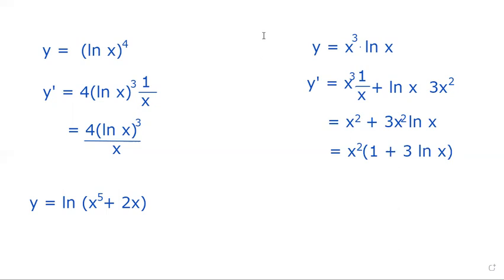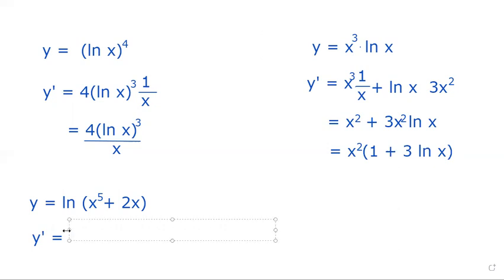Now, down here, you have to look at your rules to make sure and do this very efficiently. We know that the derivative of the natural log of x was 1 over x. Then we had the natural log of a function. You had a different type of rule, all right? But in this case, when we have the natural log of a function, you can look back in the notes or study your notes.